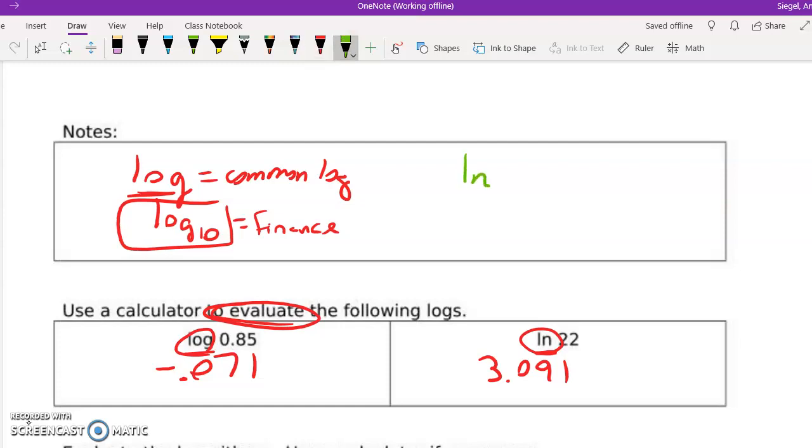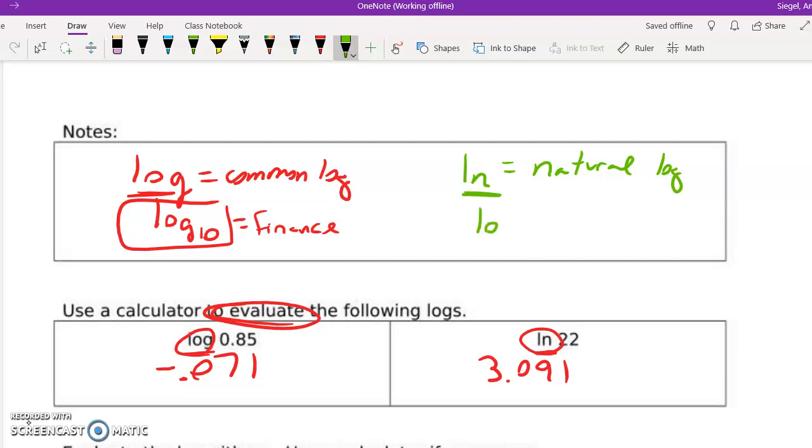Okay, so this next one, the LN, that's called a natural log. And that's used a lot of times in science, especially biology. Things grow or decay using this natural log.